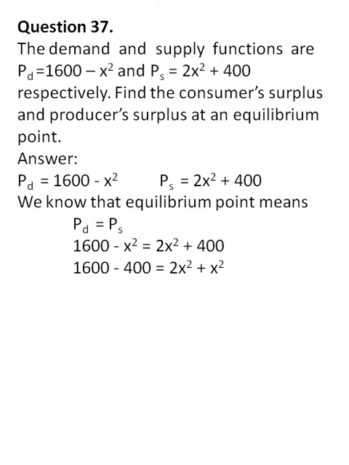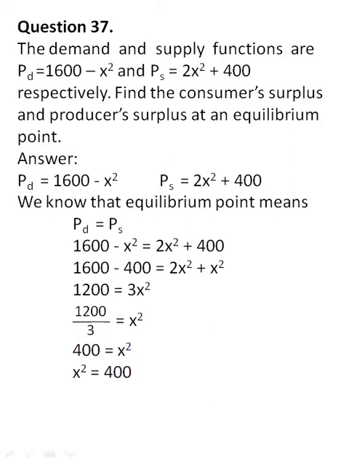On taking −x² to the right hand side, it becomes +x². On solving, 1200 = 3x². Bringing 3 to the left hand side, 1200 divided by 3 is equal to x². 400 = x², so x² = 400. On taking the root, x = 20, that is x₀ = 20. So this is the equilibrium point.